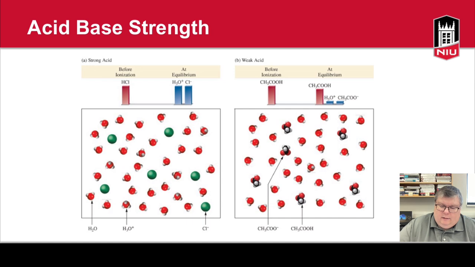A weak acid before ionization is CH3COOH, something like acetic acid. And you can see the molecules of acetic acid are still present at equilibrium. Only a small amount of H3O+ and CH3COO- are present at equilibrium. That is because they do not dissociate completely in water. That is the definition of a weak acid or weak base.